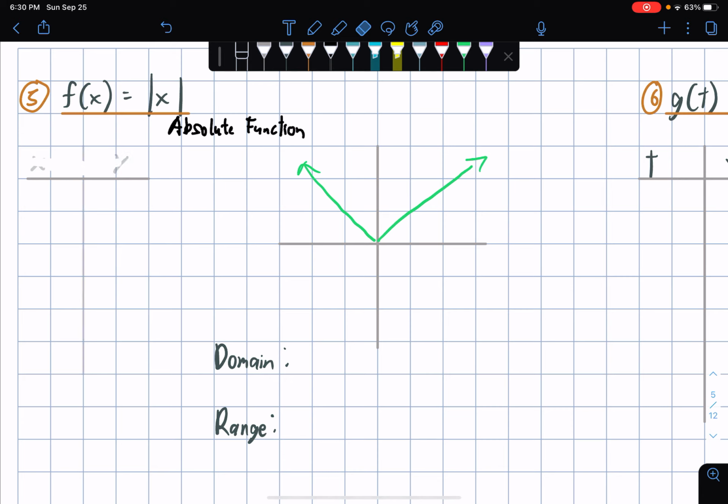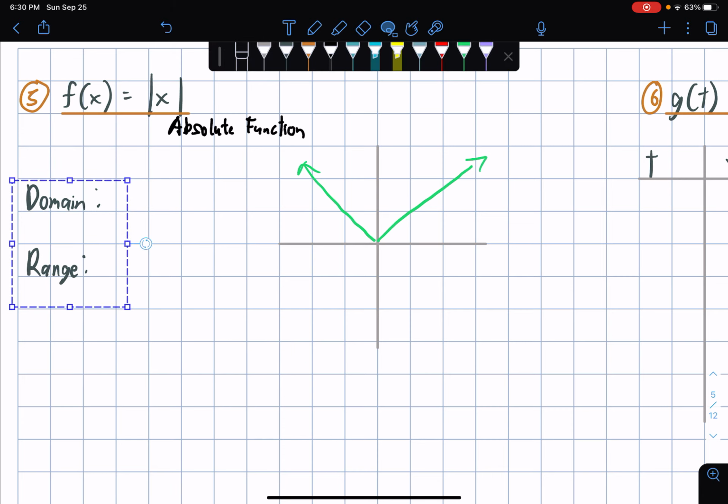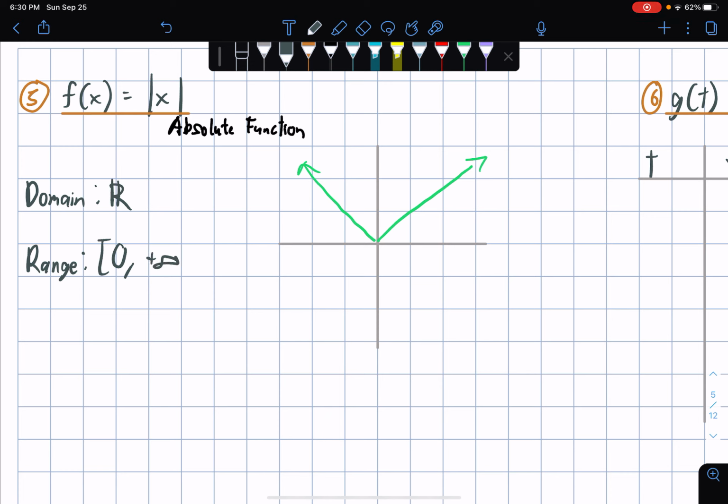I'm not exactly a good drawer, even in this setup. But yes, for the domain of the absolute value of x, it's basically all real numbers, and for the range, it's 0 to positive infinity. It's basically like the graph earlier. Domain, all the way to the left, all the way to the right, infinity, and for the range, it's from 0 all the way to positive infinity.